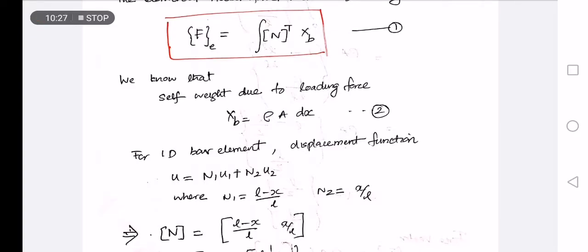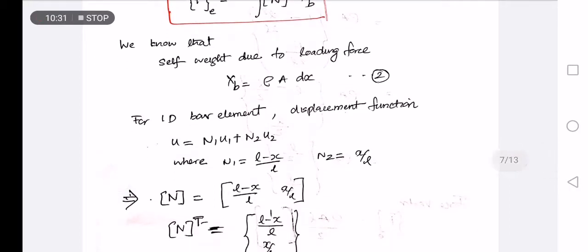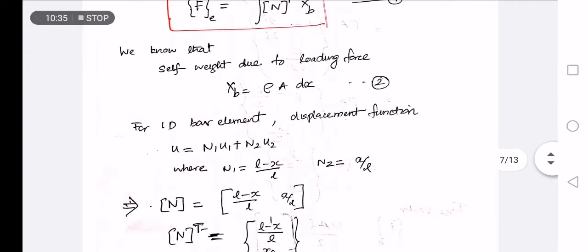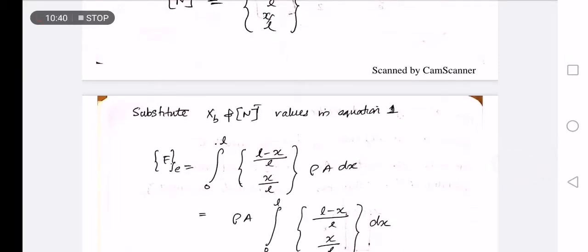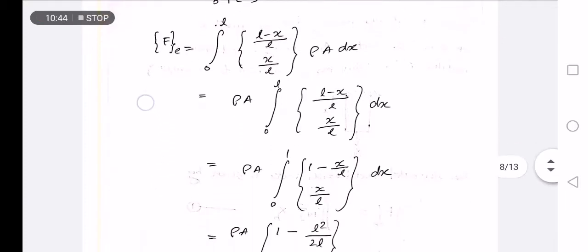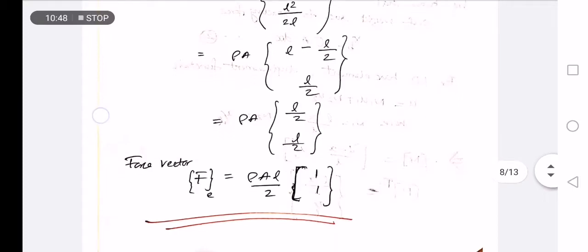Now we can write it in matrix form N, and we will take the N transpose, since in the equation we need the N transpose. We will substitute that and integrate from 0 to L. So from 0 to L we integrate, and we will get the force vector equal to rho AL by 2 into a matrix of 1 1.